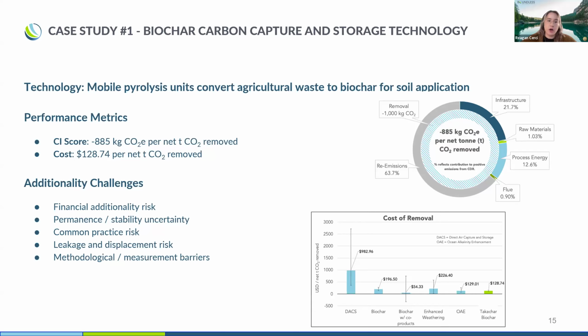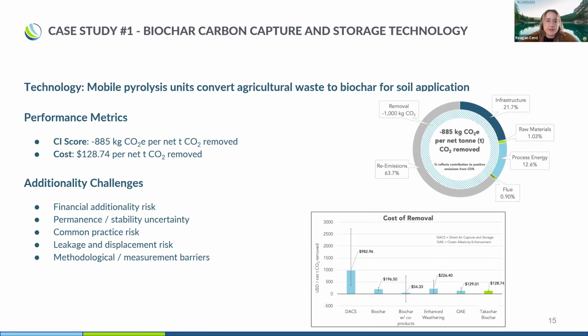Another one is what we call the common practice risk. If mobile pyrolysis and biochar application is widely practiced in the region, it's going to be hard to demonstrate the novelty or that the carbon removal is beyond the business as usual.